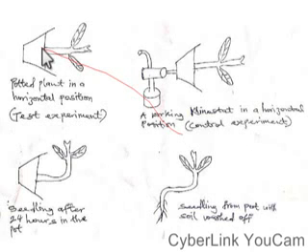So this is the seedling, this is the pot. This pot is not attached to the clinostat, but it is placed horizontally.